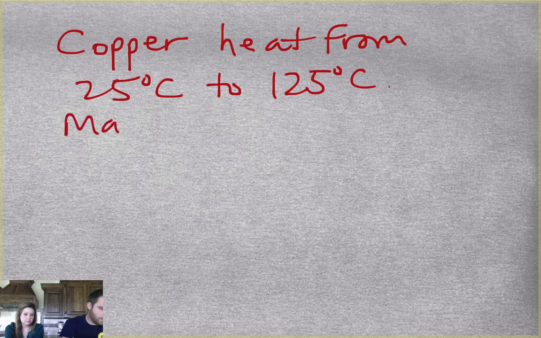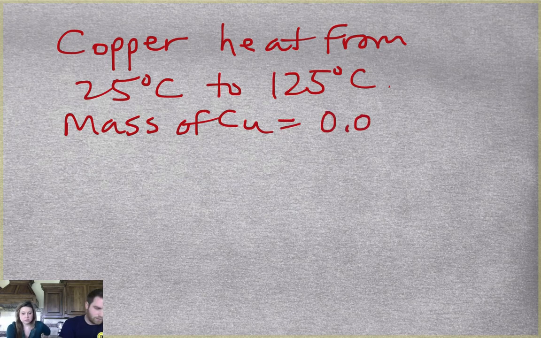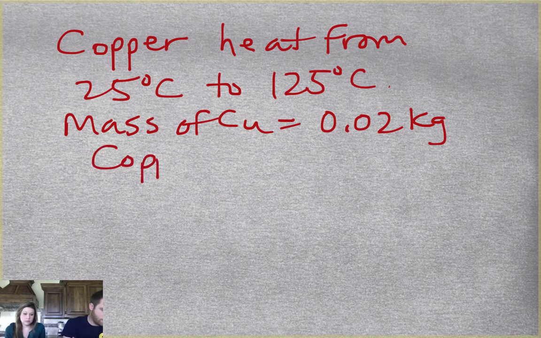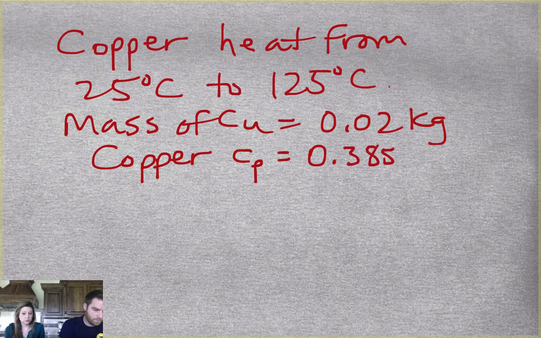Mass of copper equals 0.02 kilograms. And the specific heat of copper, which we would look up in our table, CP, is 0.385 joules per gram degrees Celsius.